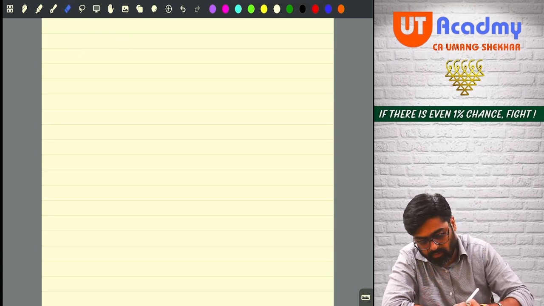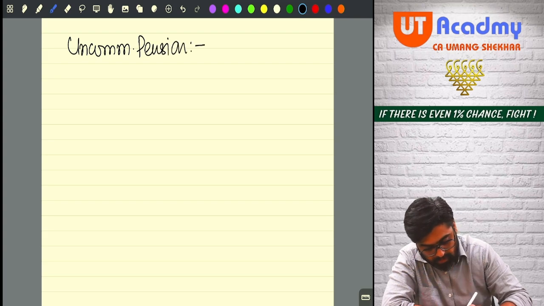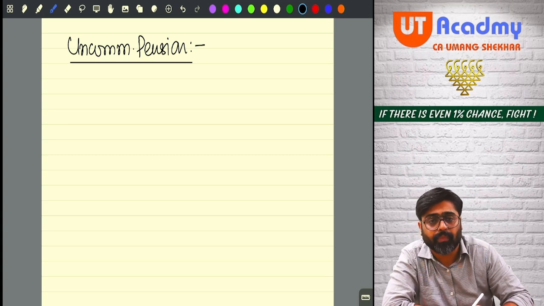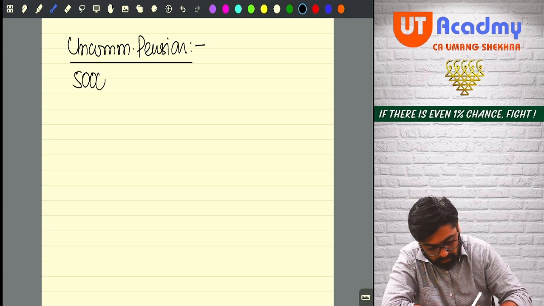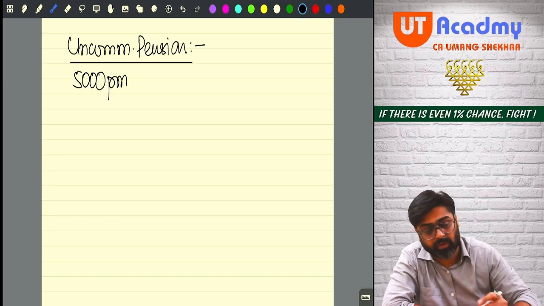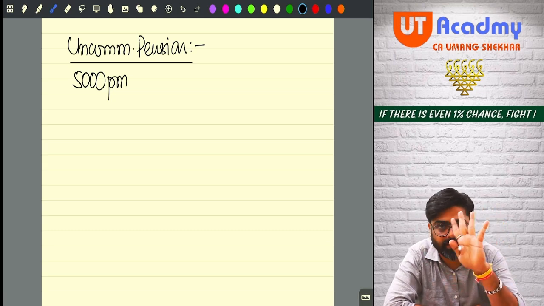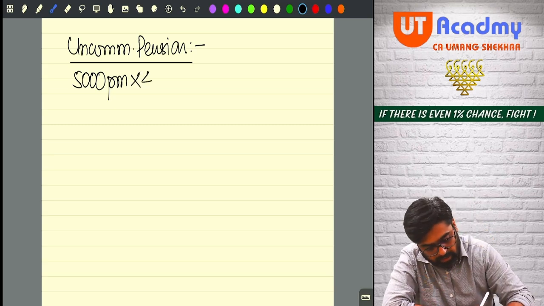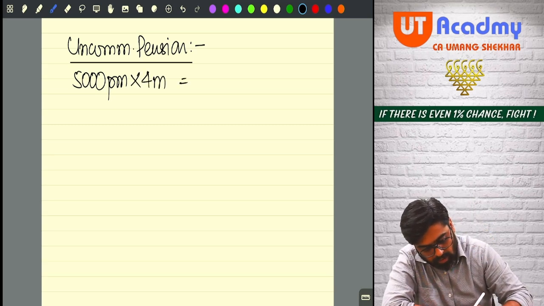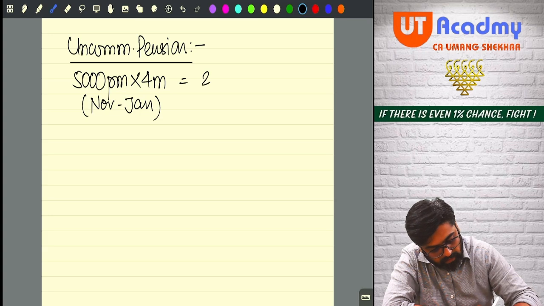First of all, we'll calculate his uncommuted pension. How much was he supposed to get? 5,000 per month. His date of retirement was 1st October 2024. So for October, November, December and January, 4 months, he received this 5,000. So 5,000 into 4 months is 20,000.